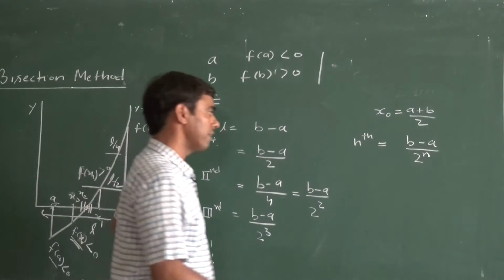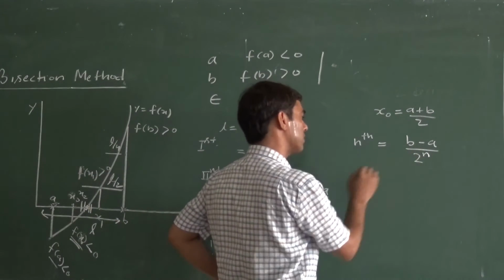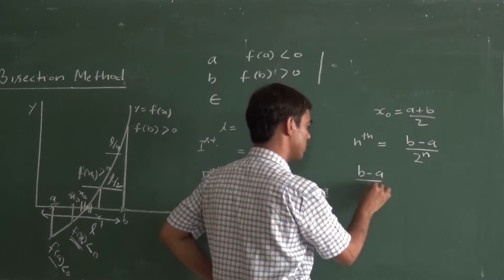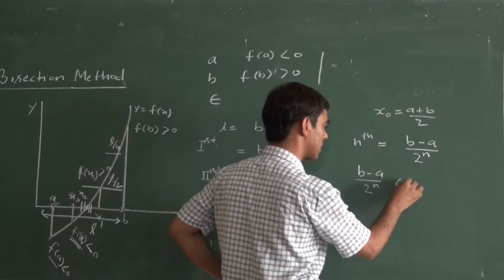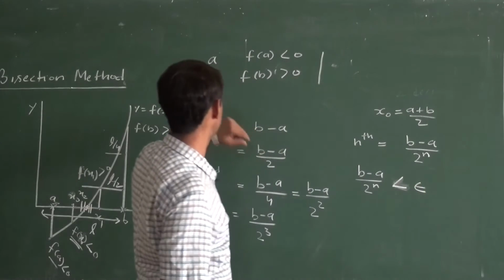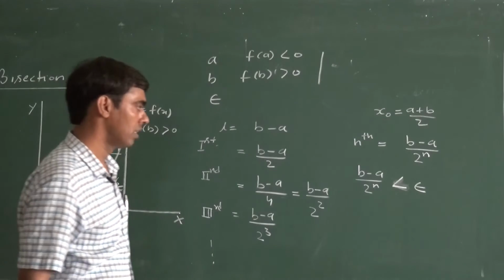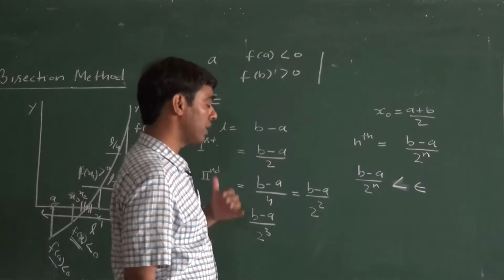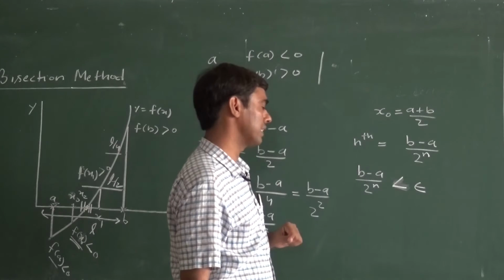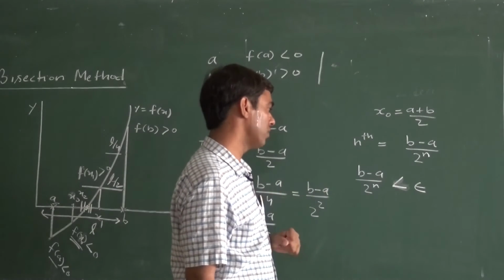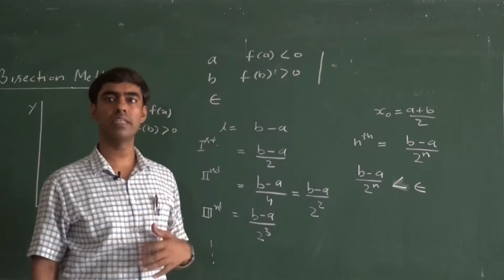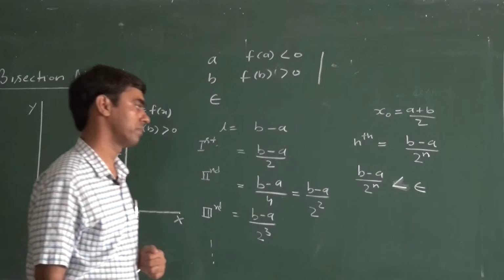So, if the value of b minus a upon 2 to the power n is less than EPS, then what are the known values initially with us? a, where the value of the function is negative, b, where the value of the function is positive, and EPS is the desired level of accuracy.